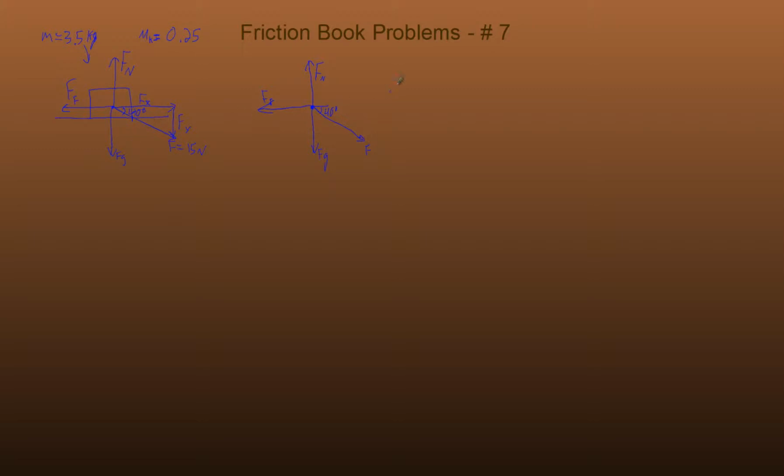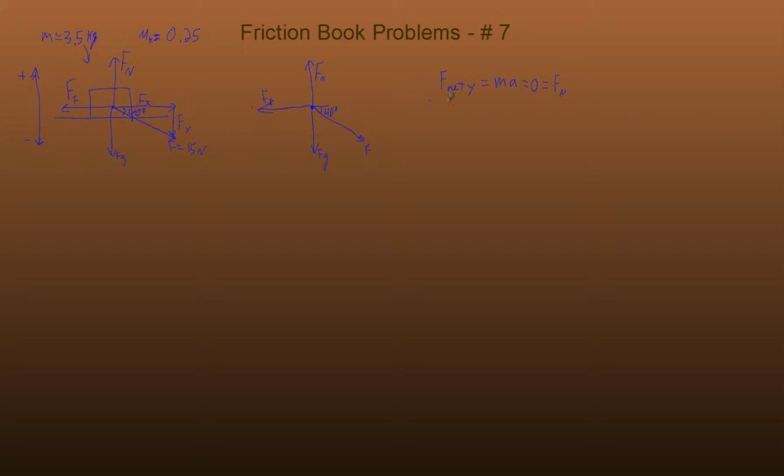So let's look at the F net in the y direction. Well, it's going to equal ma. And of course, it doesn't say anything about the block accelerating up or accelerating into the floor. So it's actually going to be 0. But it's still the sum of all the y forces. And let's call up positive. So Fn is going up, that's positive.